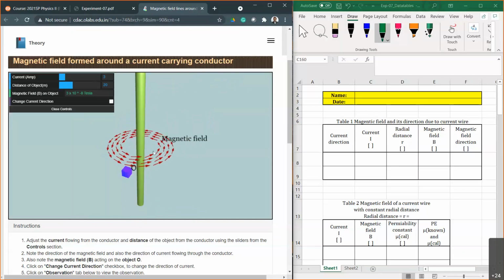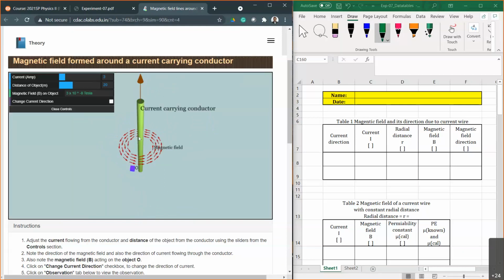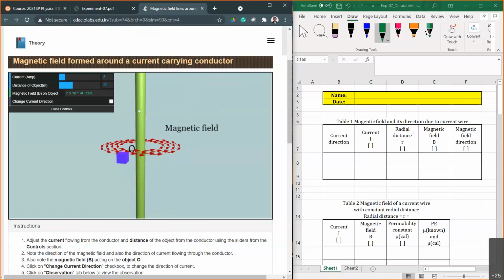Now you can see the wire has a current in the upward direction. If you do the right hand rule, put the thumb along this red arrow, then your other four fingers create this circle around the wire. That's the magnetic field lines. Technically, a magnetic field line doesn't have a starting point or ending point, but we can correlate the magnetic field line to the electric field lines.